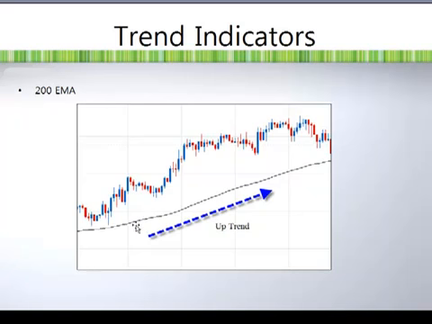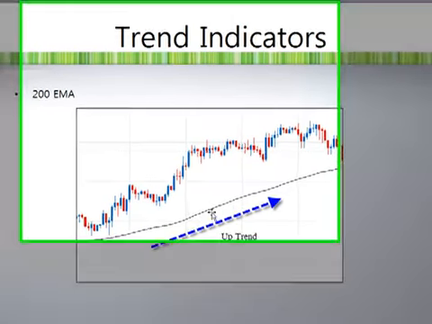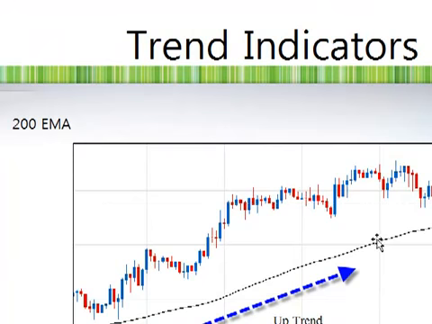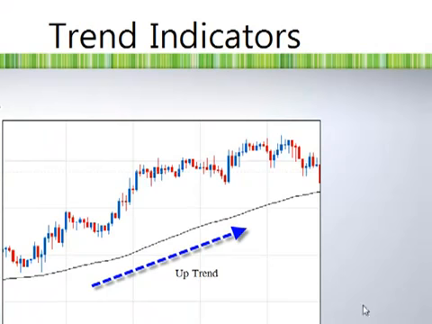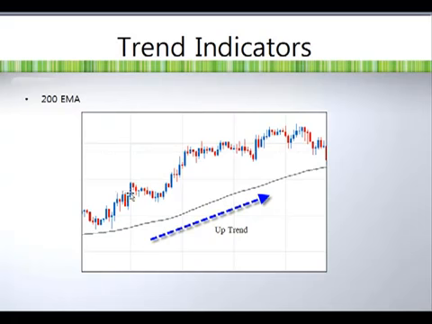When you have the 200 EMA sloping upwards with good gradient, this is a very good uptrend. When it's sloping downwards with a good gradient, it is telling you that the market is currently at a very strong downtrend. However, when you see this 200 EMA flat, which is horizontal or has a very gentle gradient, it tells you that the price is currently ranging, moving in a consolidation manner.